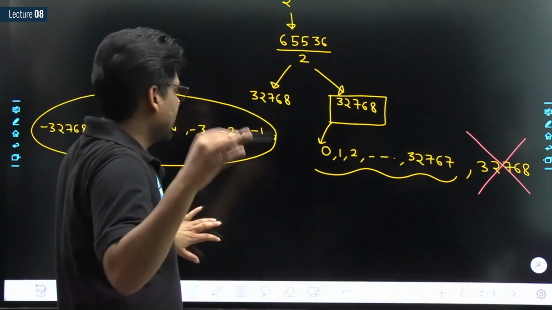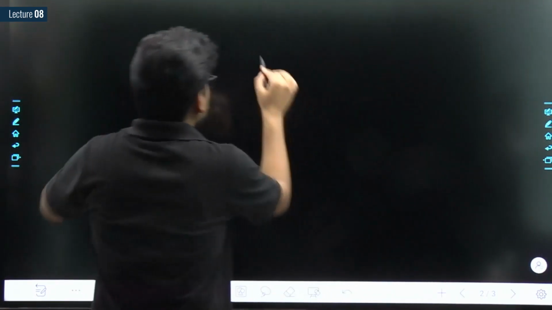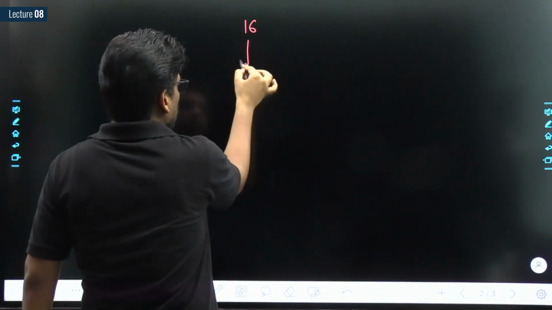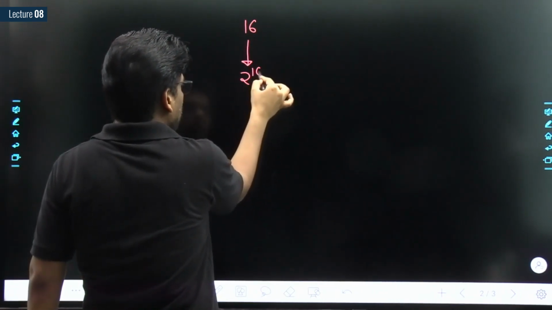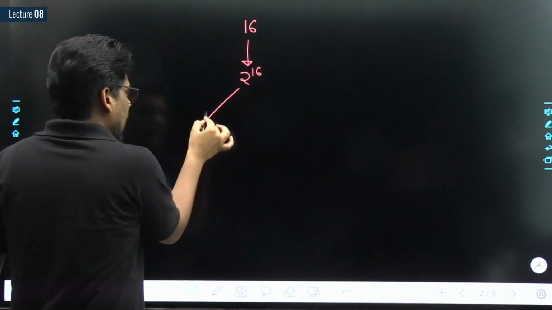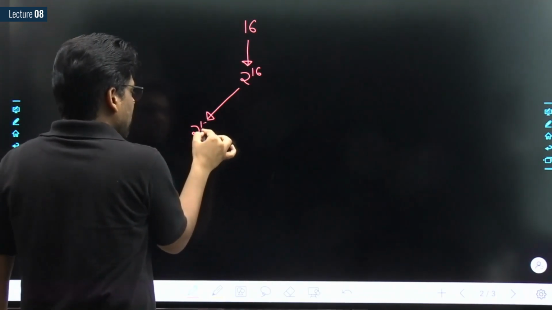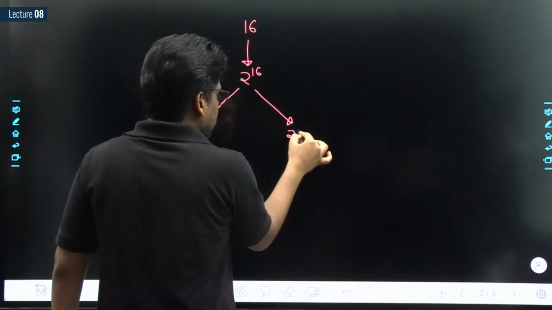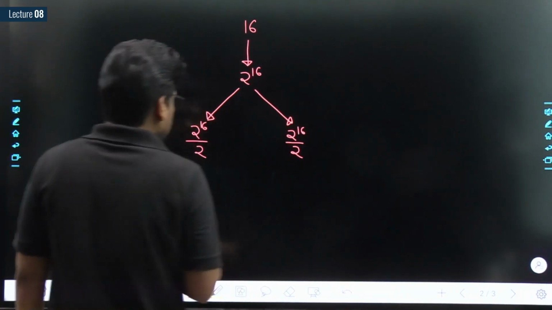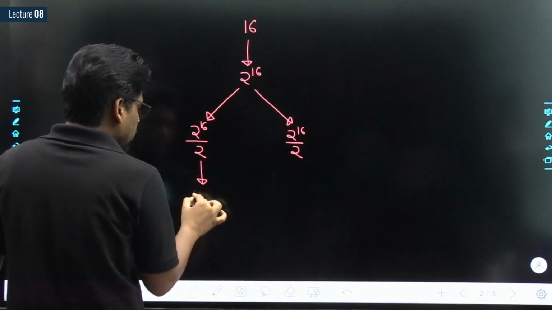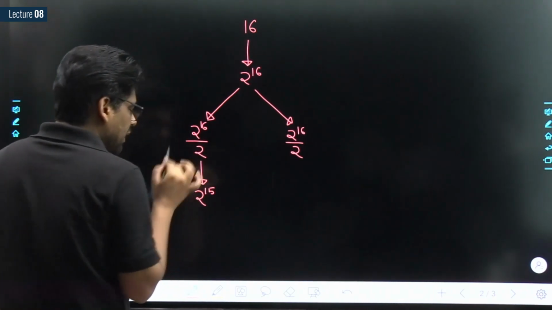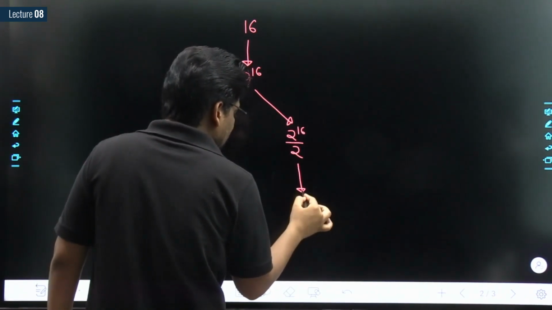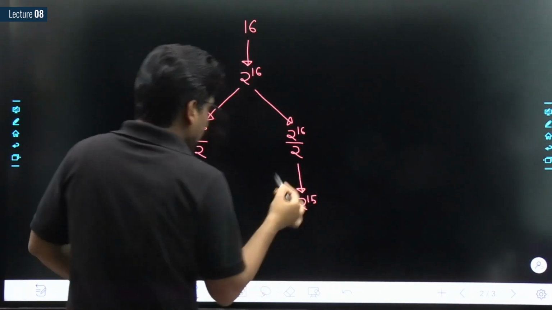What did I do again? With 16 bits, total possible values are 2 to the power 16. I will distribute half of them, that means 2 to the power 16 divided by 2 in negative and 2 to the power 16 divided by 2 in positive. What is 2 to the power 16 by 2? One less power, that is 2 to the power 15 here and 2 to the power 15 here.